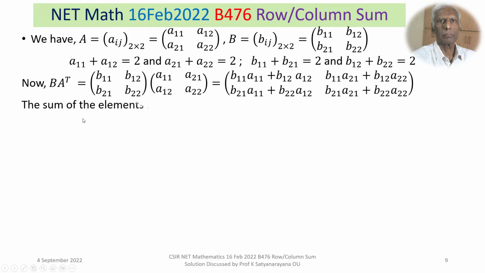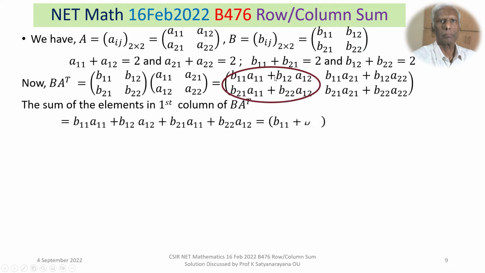Now, the sum of the elements in the first column of BA transpose. That means this is the first column. The sum of the elements in the first column, this is the one. So that is B11A11 plus B12A12 plus B21A11 plus B22A12. This is what we have written here.